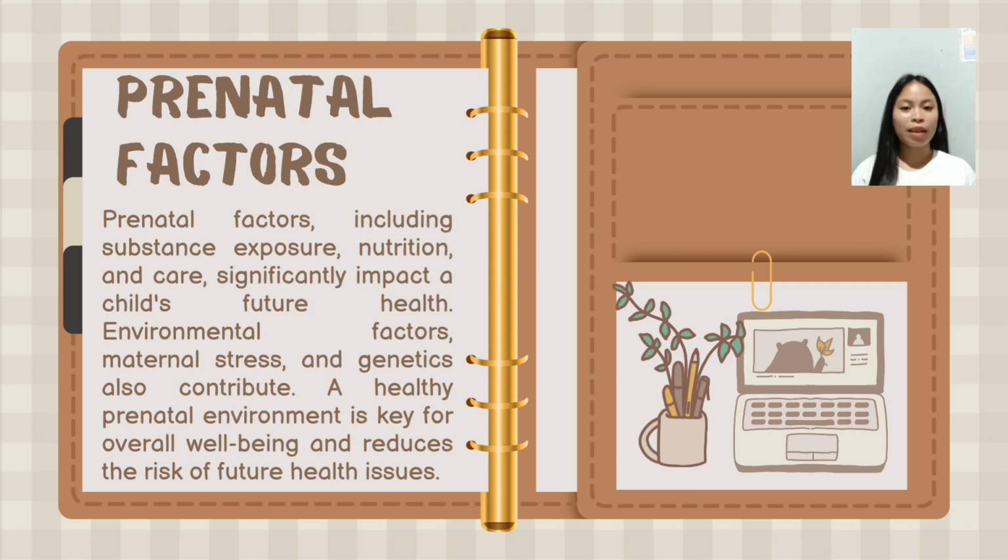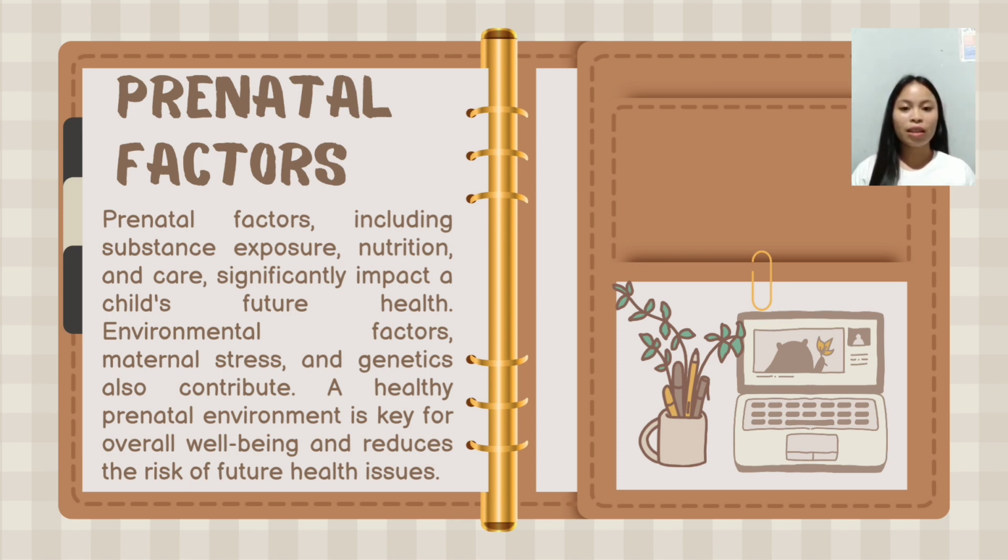Emphasize the impact of prenatal factors on future health and well-being. Prenatal factors significantly influence future health and well-being. Exposure to substances like tobacco, alcohol, or certain drugs during pregnancy can lead to developmental issues, birth defects, or long-term health challenges for the child.